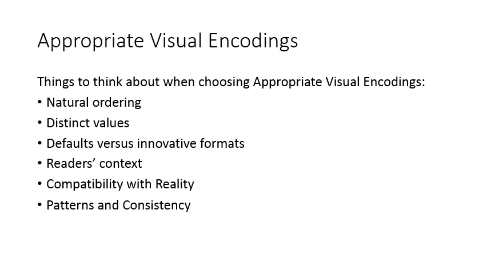Okay, so I've touched on a couple of these already, but these are the main considerations that you have to take into account when you're choosing an appropriate visual encoding method. The first is natural ordering, distinct values, which we've talked about already, whether to use something that's tried and tested and potentially a little bit repetitive, or whether you try to do something completely innovative.